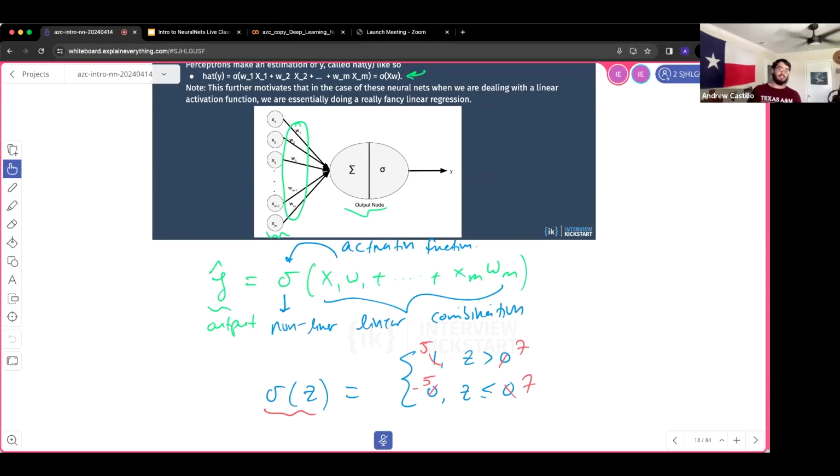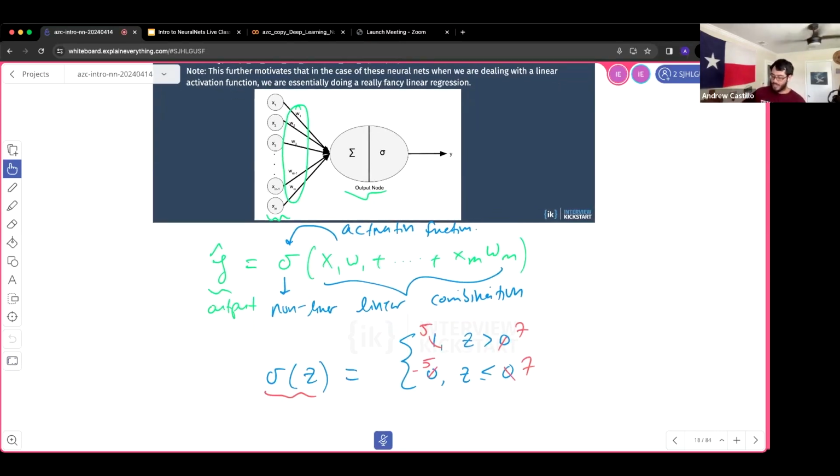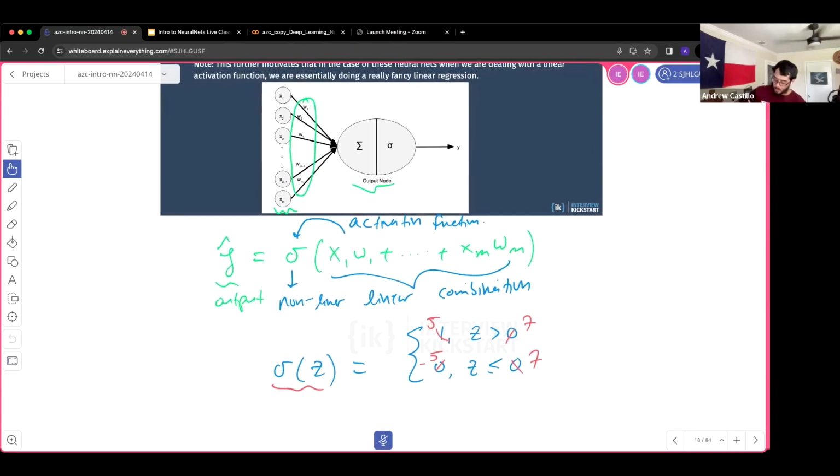Now, I guess you might be asking yourself, why does sigma need to be nonlinear? Right? Why does sigma need to be nonlinear? Well, that's a question I have for y'all, right? What do y'all think? If this sigma was just a regular linear function, okay? If this sigma was a traditional linear function, what are we really just doing here in our calculation?